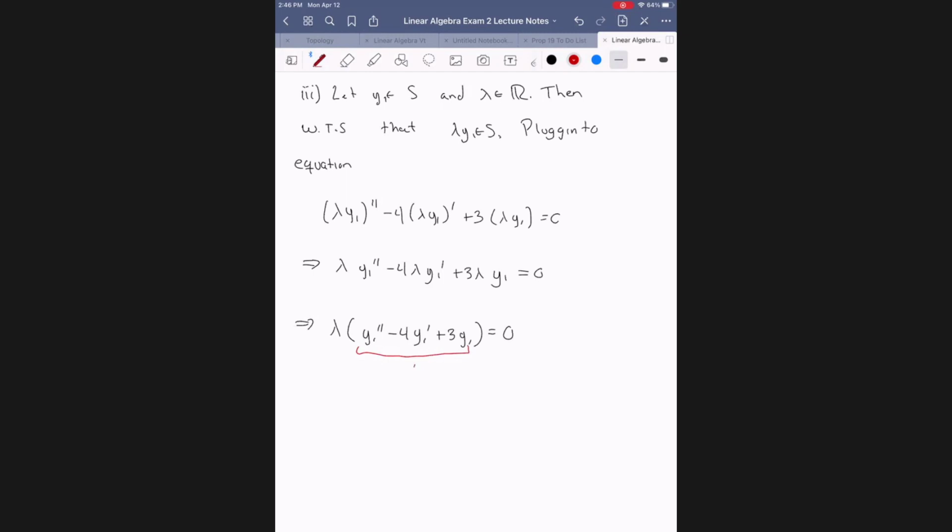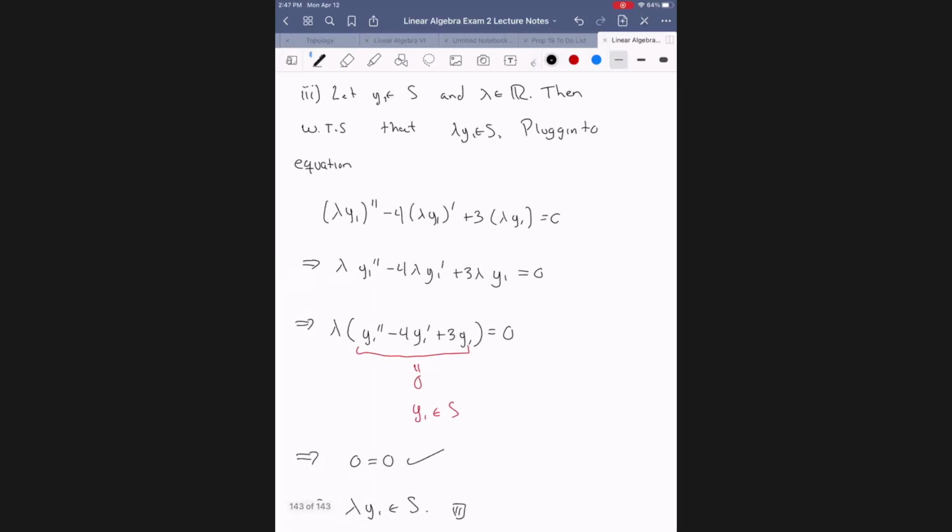It's 0, yeah, because y1 is in S. So that means you get 0 is equal to 0. So that means that lambda y1 is in S for sure. So this thing is a subspace. Perfect.